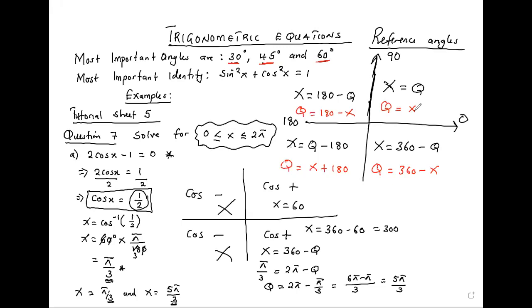Okay, the next example. So the next example is B, where we have 2 sine x cos x plus cos x is equal to 0. This is an equation, so we don't divide by variables.